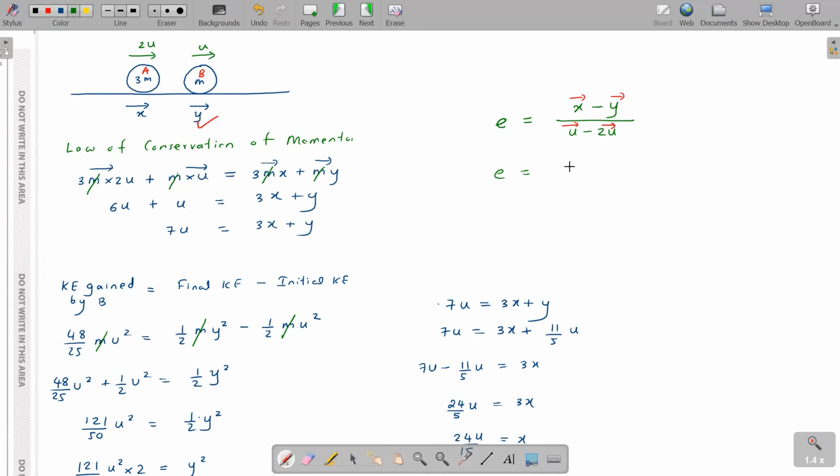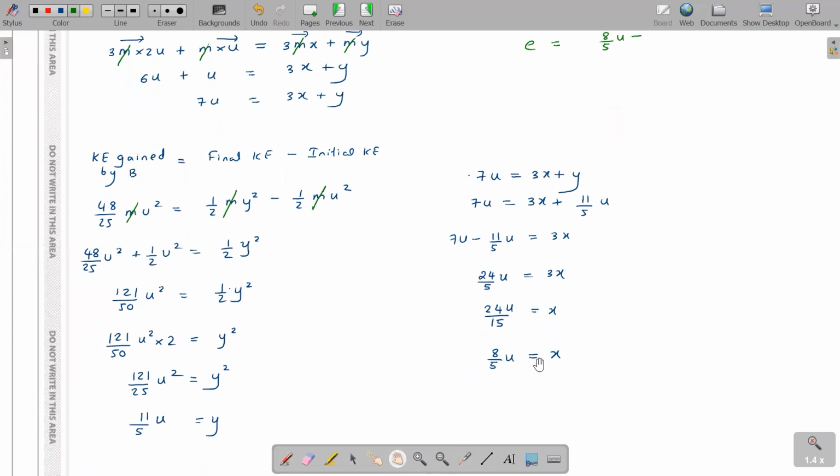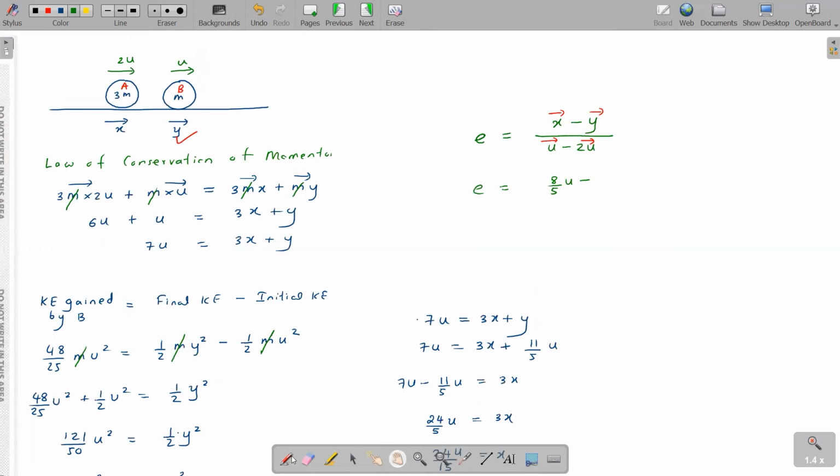So we'll find the E value. x was 8 over 5u, minus y, which was 11 over 5u, divided by u minus 2u. Can you all simplify? 8 over 5 minus 11 over 5 is minus 3 over 5u.